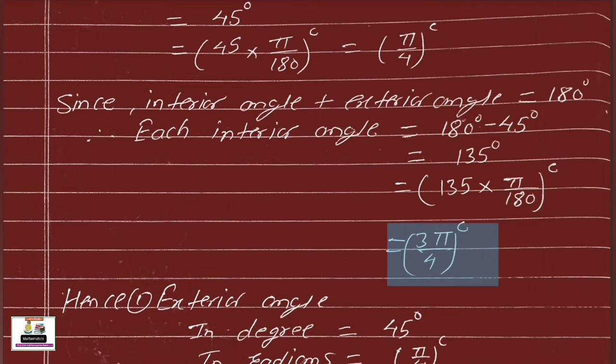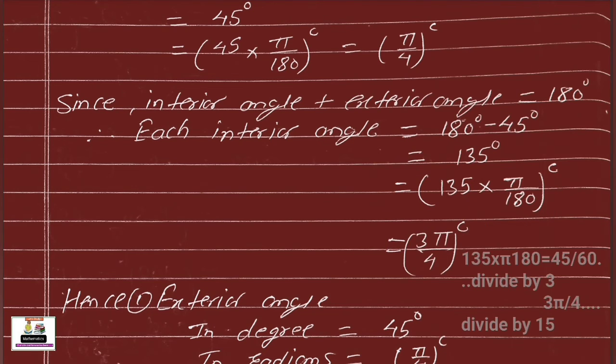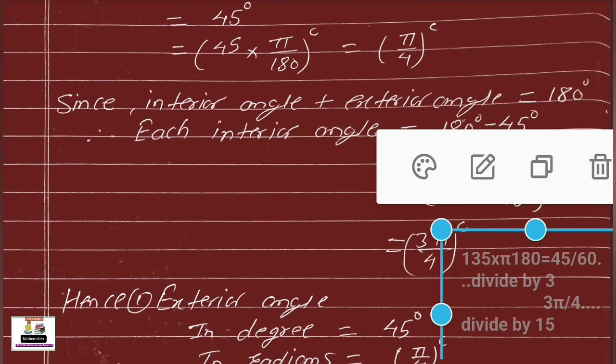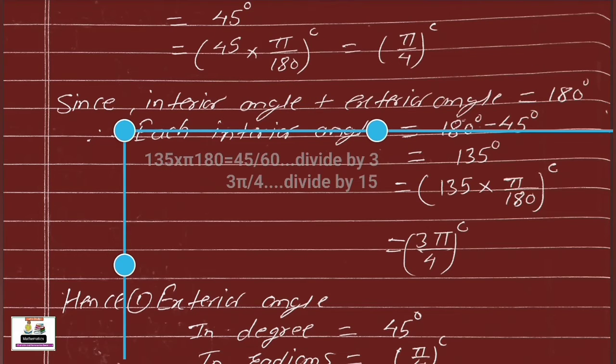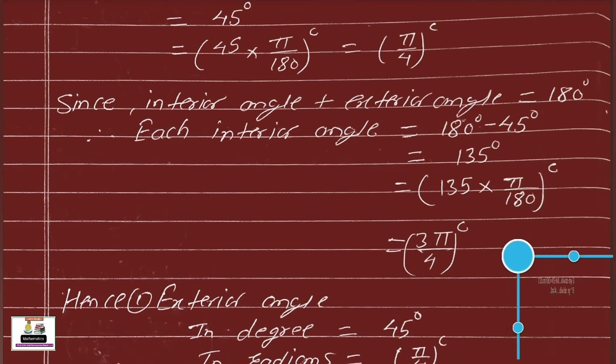We get 3 pi by 4 radians. Calculation here: 135 into pi by 180, divided by 3, we get 45 by 60. Again divided by 15, then we get 3 pi by 4. This is in radians.